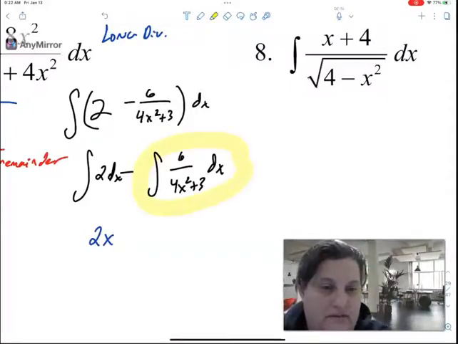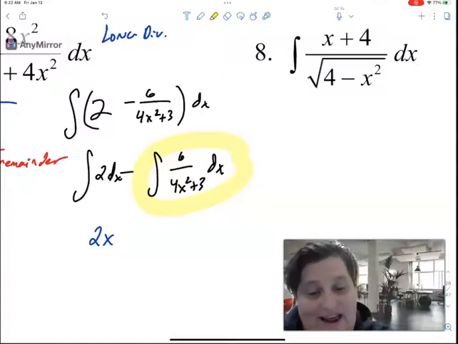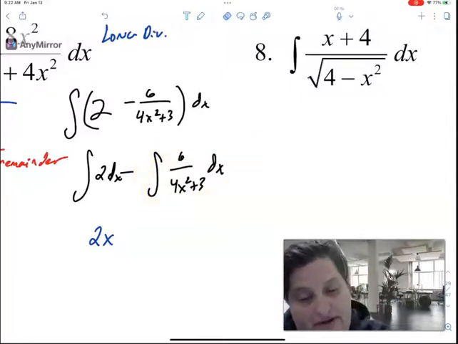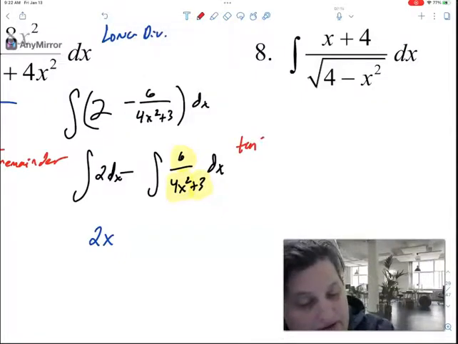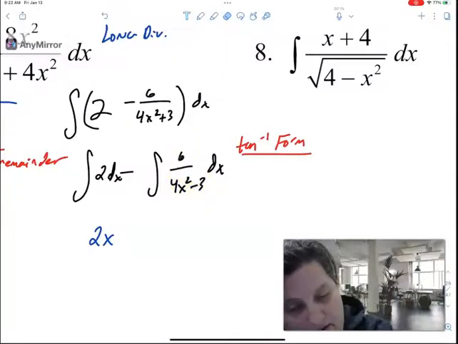Is that u sub? This is how I go through my head. Is that u sub? No, because the derivative of 4x squared is 8x, and I don't have that. Is it inverse tan form? I think so, because look, it's got something squared, it's got a number, it's got that. Okay, so I think for this I'm going to do inverse tan form, where the 6 I'm going to bring out front.